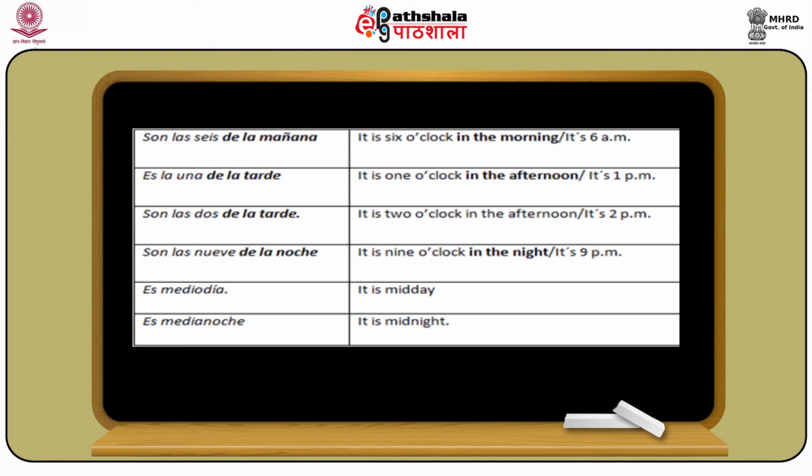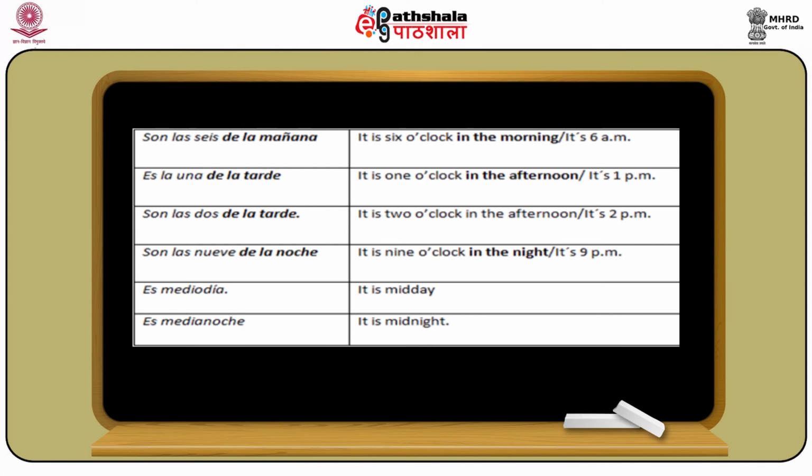If it is 2 PM, then we'll say son las dos de la tarde. And if it is 9 PM, that is, 9 o'clock at night, then we'll say son las 9 de la noche. So AM can be said as de la mañana, and PM de la tarde if it is afternoon and evening, and de la noche if it is night.